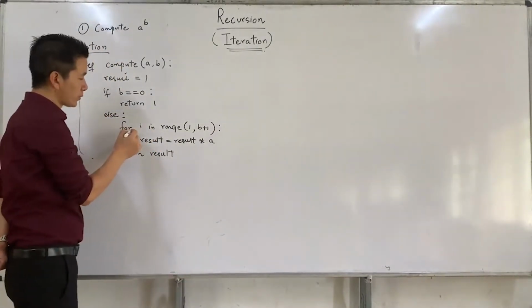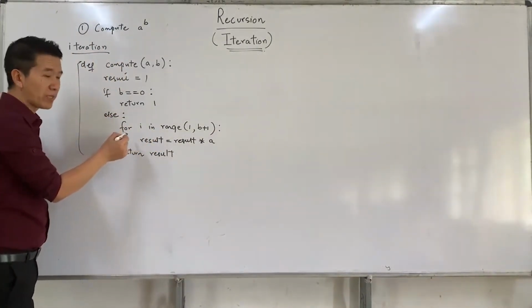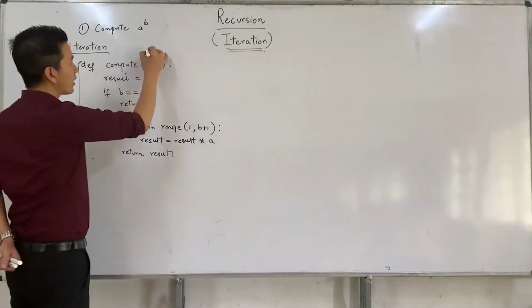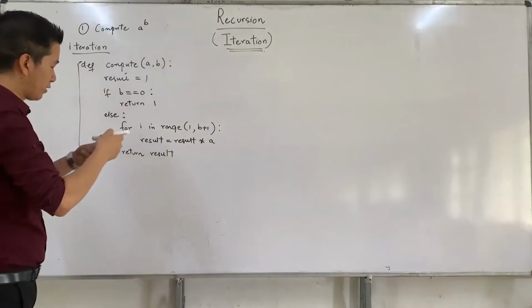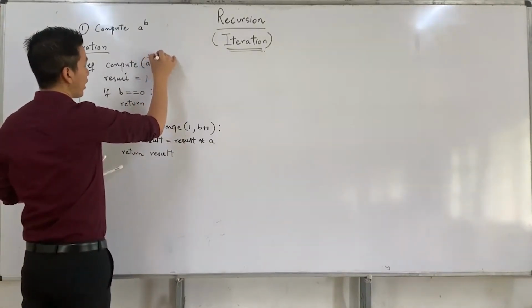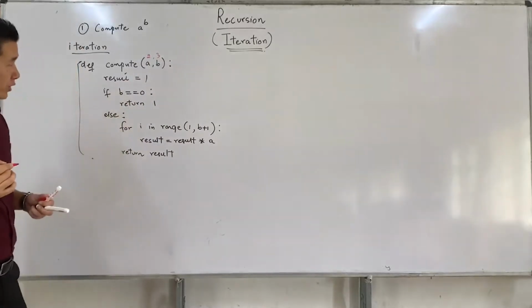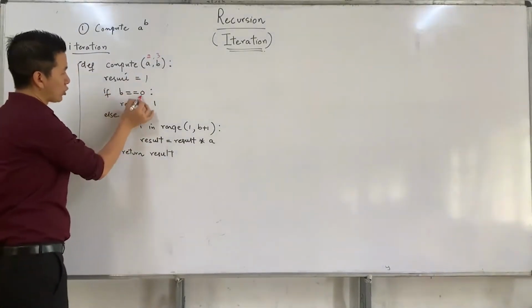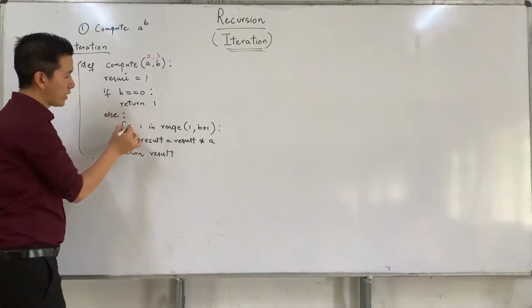So I've used the looping statement like for. If I just run it real quick, let's say the value of a is 2, the value of b is 3. So 2 raised to 3, the answer should be 8. The value of b is not equal to 0, hence this will be skipped.